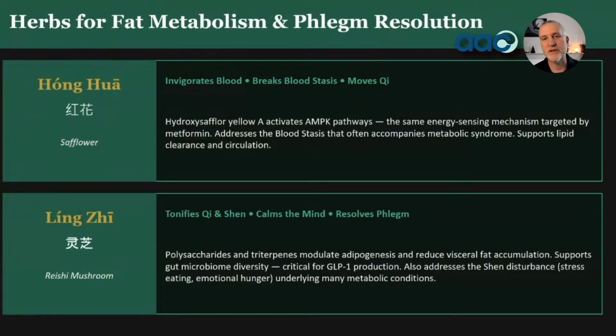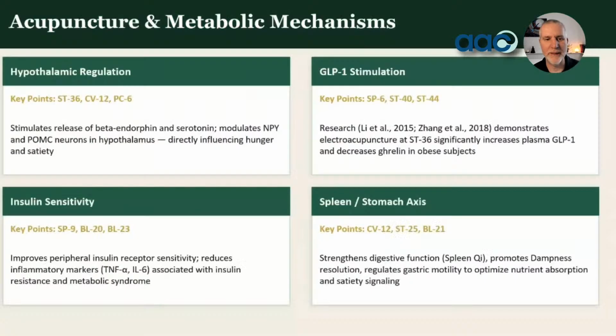It addresses shen, or this relationship between the gut and the brain and our emotional state, and also can address different metabolic conditions in our body. So these are another two really important herbs when we are talking about metabolic issues.